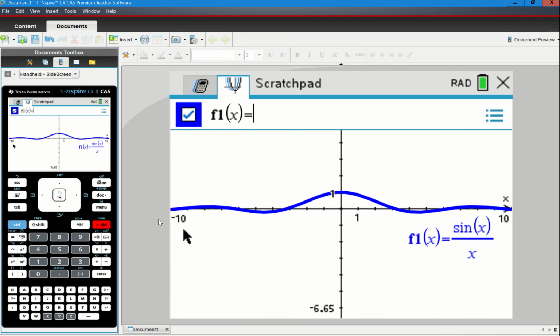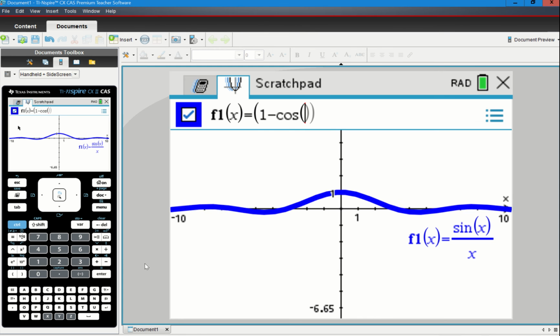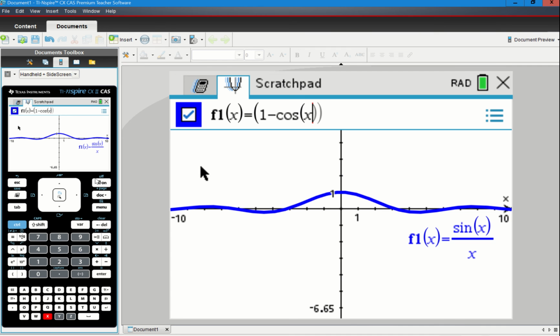And because this particular one is going to have a binomial in the numerator, I'm going to put parentheses around that numerator, 1 minus cosine, use that trig button, of x. And then I want to get outside the argument and outside the numerator, and I'm going to divide that by x.